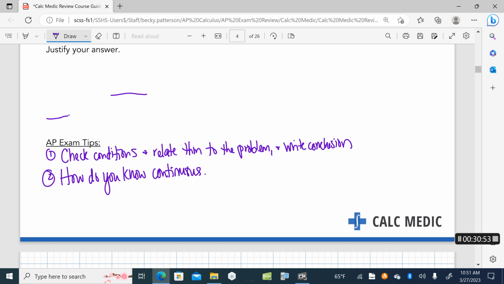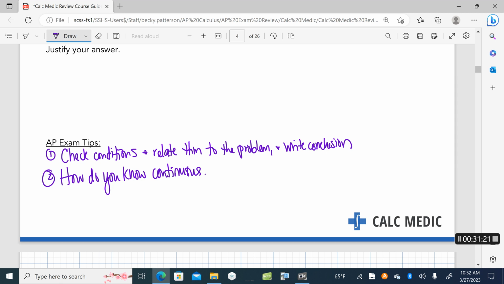Sometimes it'll just straight up tell you that it's continuous, but sometimes it's going to say the function is differentiable, and then you need to state, because I know that f of x is differentiable, therefore it is continuous. So just put your Captain Obvious hats on and state. They just want to see you acknowledge that the function has to be continuous, and then how do you know that?